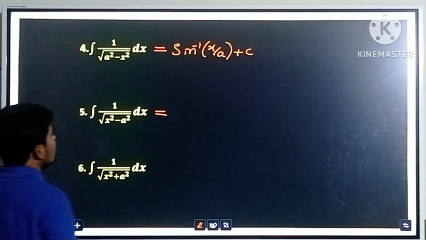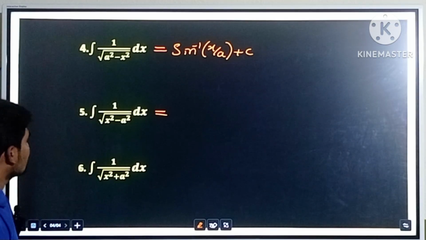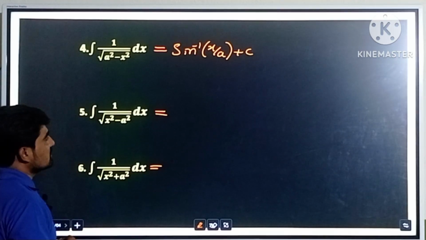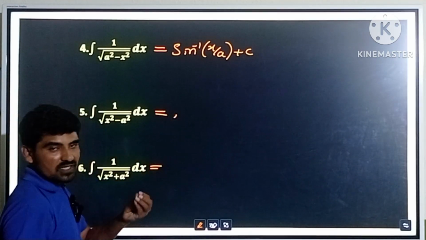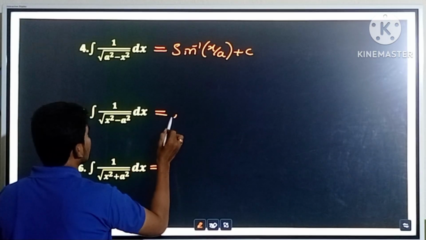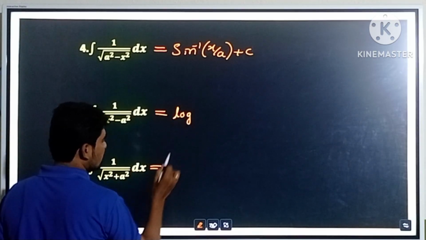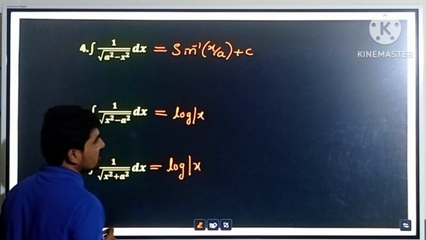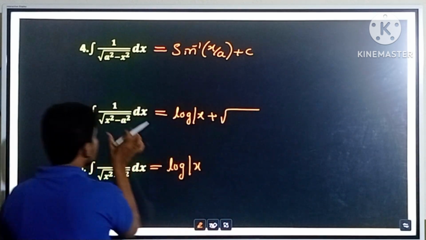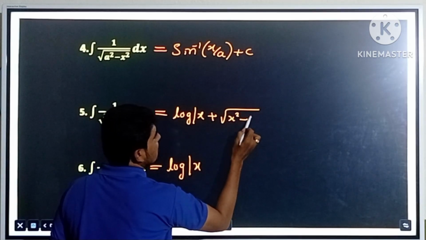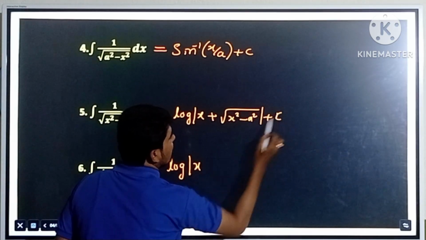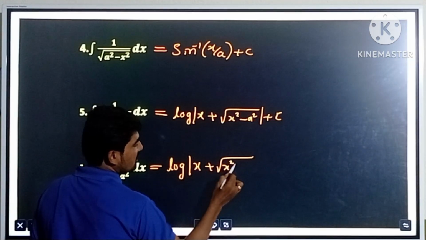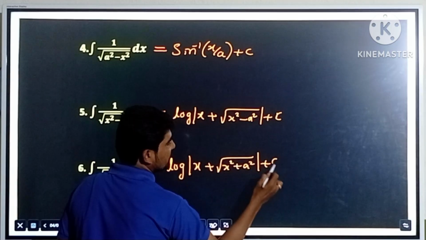And the second one, integration of dx divided by root x square minus a square is equal to log of modulus of x plus square root of x square minus a square plus c. And the third, integration of dx divided by square root of x square plus a square, is log of modulus of x plus square root of x square plus a square plus c. Basically, these two formats have the same form of answers.